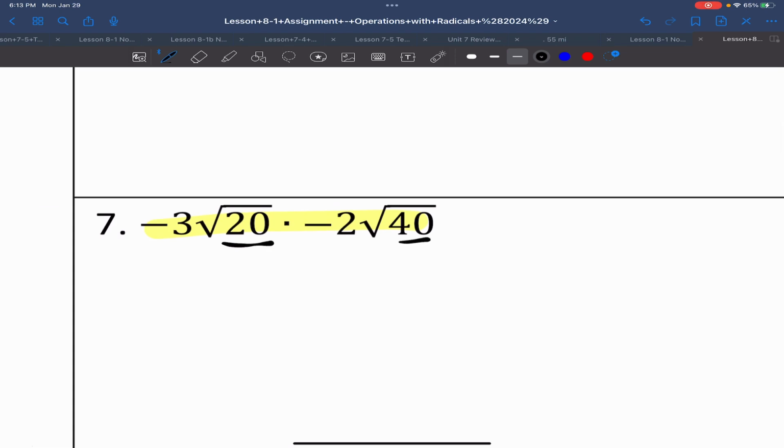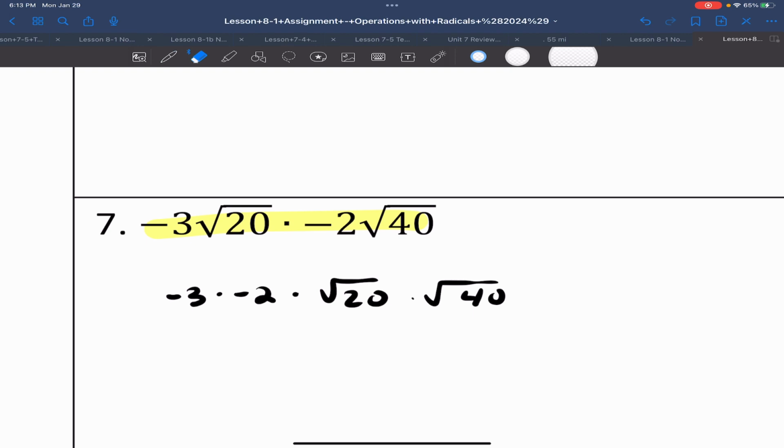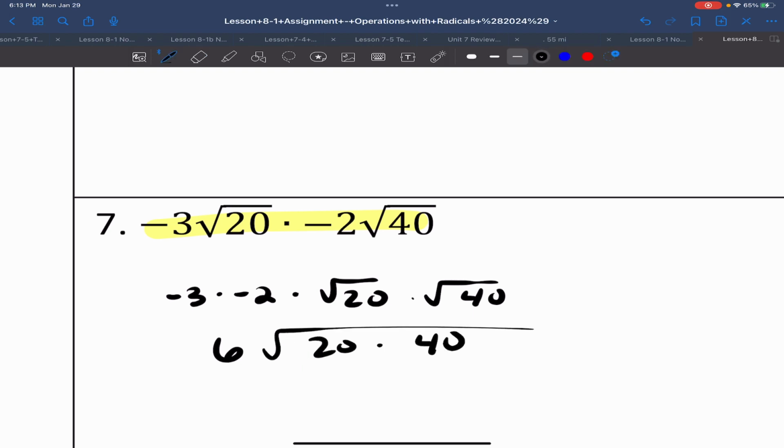Number 7, okay. Look, I have a 20 and a 40 right here, but before I do anything, let's go ahead and multiply the coefficient to the coefficient, and then the radicand to the radicand. So I got negative 6, nope, just kidding, that's a positive 6, times root 20 times 40.